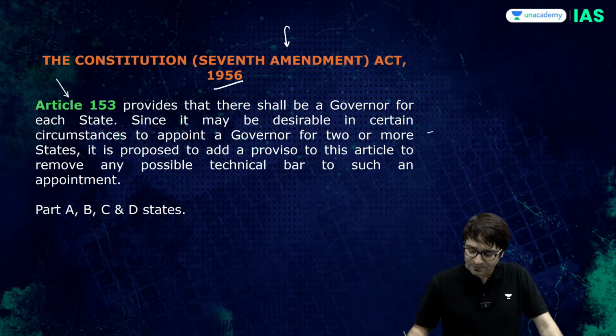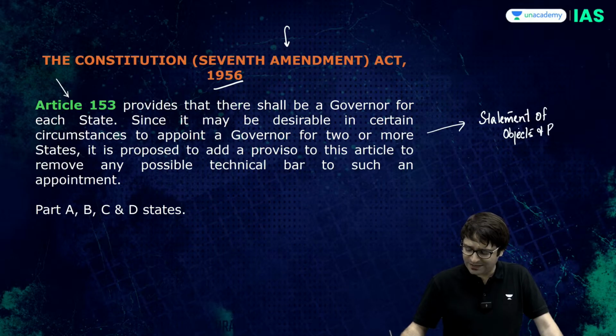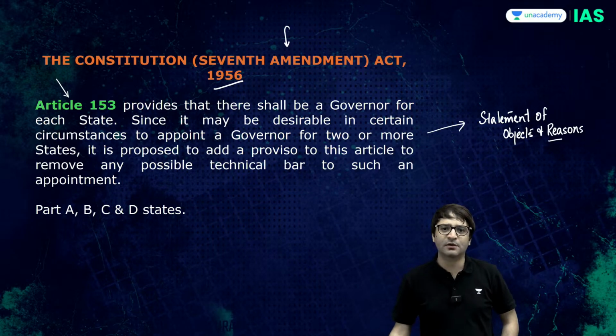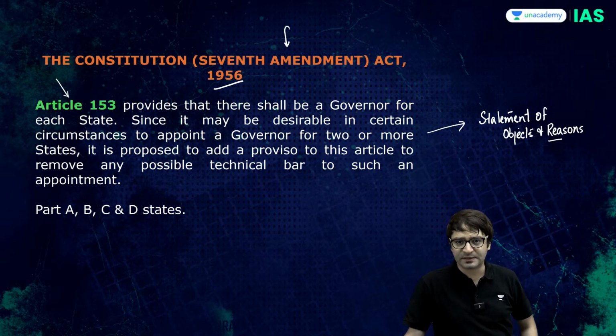Basically, this is part of the statement of objects and reasons. What is statement of objects and reasons? Normally, whenever a bill is introduced in the Parliament, a document is also introduced by the minister called the statement of objects and reasons. Basically, what is the objective of bringing about this law or this constitutional amendment?